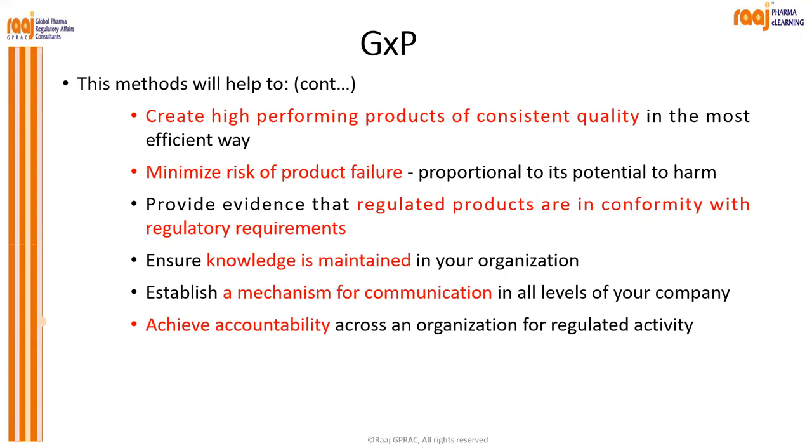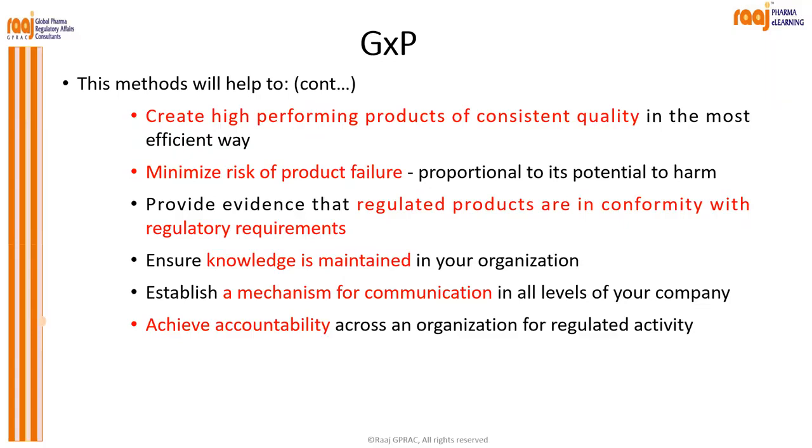All the GxP methods help you to create high performing products of consistent quality in the most efficient way, which will help you minimize the risk of product failure. Then, ensure the regulated products are in conformity with the regulatory requirements. Ensure knowledge is maintained in your organization.